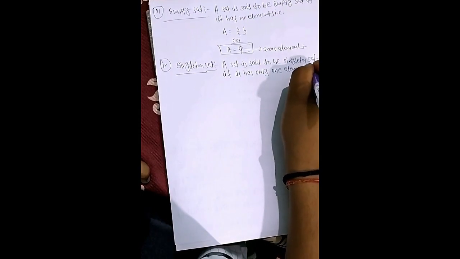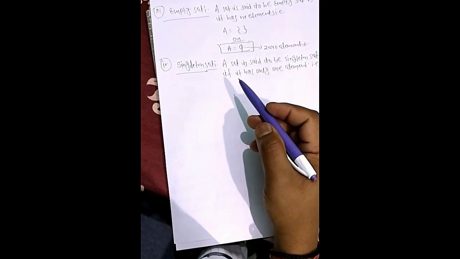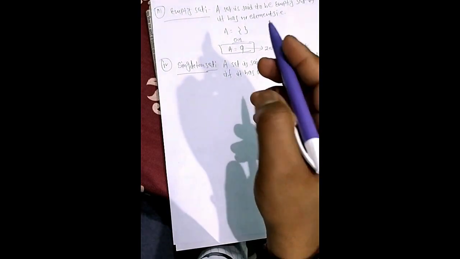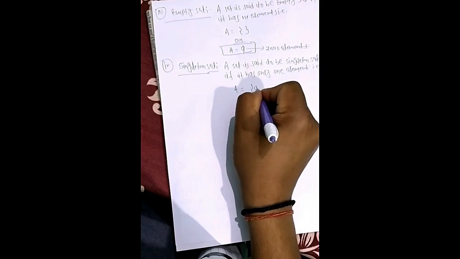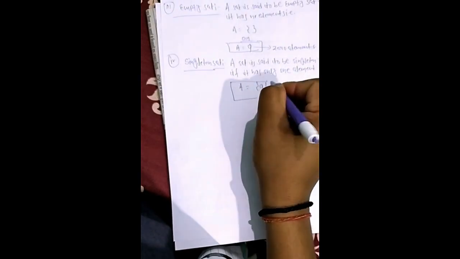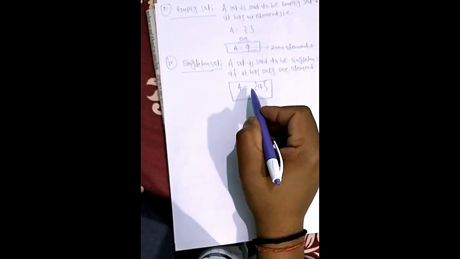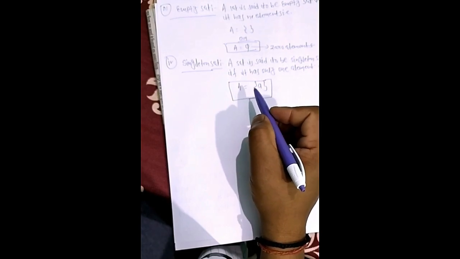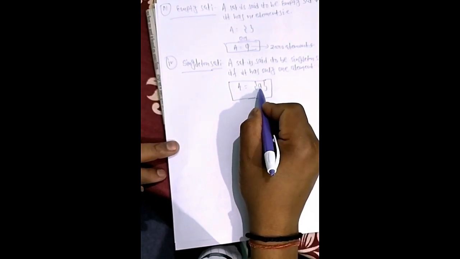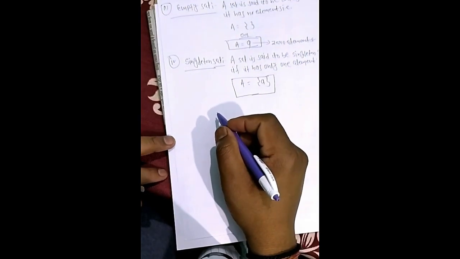It means that a singleton set contains only one element. So we write A is equal to {a}. Small a is the element of set A. This set contains only one element. It is called a singleton set.